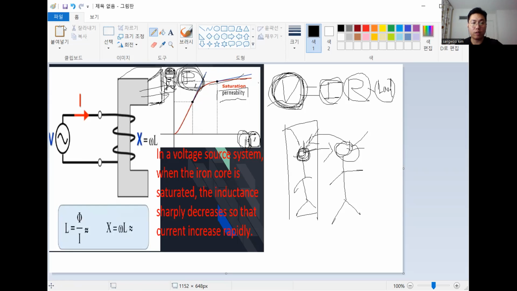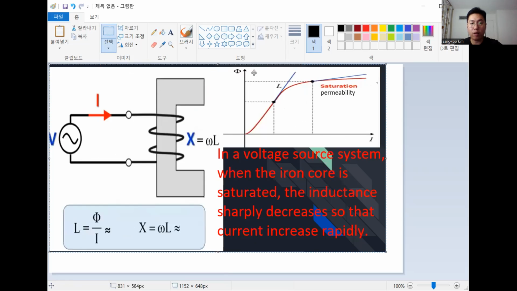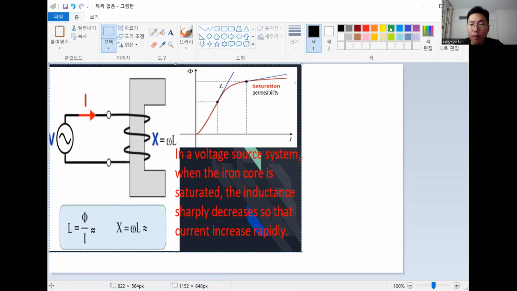Okay, guys, change it. You guys can see this slope is now, we can say, inductance. You know what I mean? Inductance. I-flux slope is inductance.